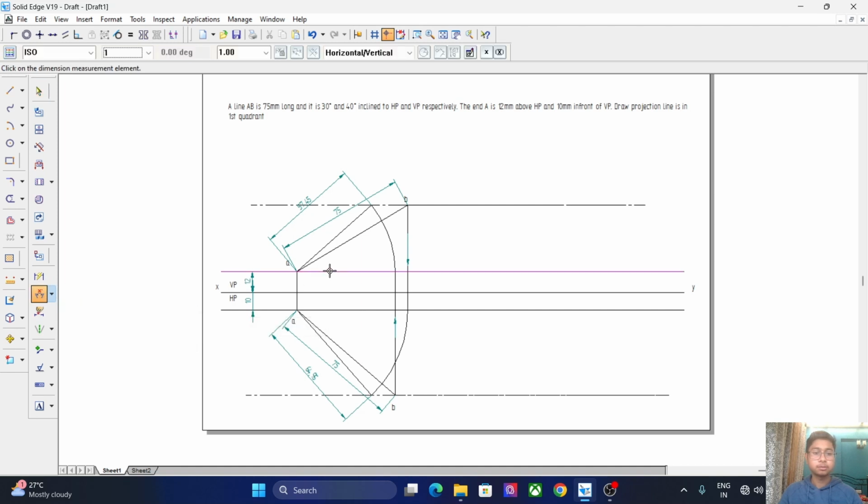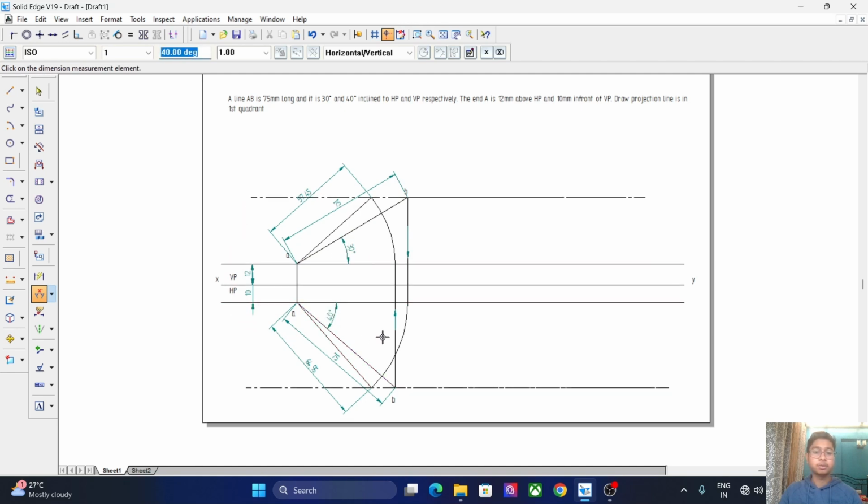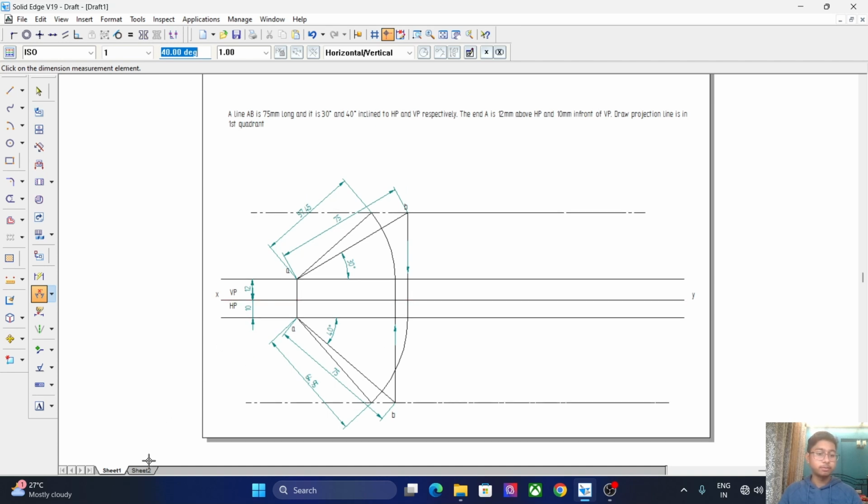And also denote the angle between the two lengths also. Okay, now this problem is completed. We'll move to the next problem.